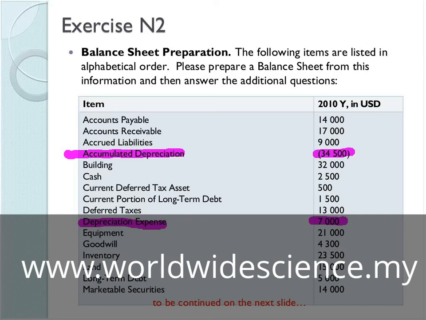So the depreciation expense of 7,000 is already included inside the accumulated depreciation. If it's like this, we wouldn't put it on the balance sheet because this amount is already inside this amount. If you can see what I have done.